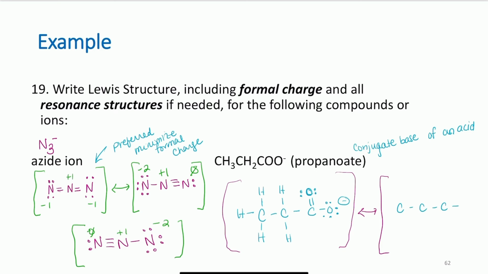Carbon, carbon, carbon, double bonded to an oxygen, single bonded to this oxygen. And then this oxygen would have a -1 charge. The way this actually exists in the real world is that this charge here is delocalized over this area, meaning it's kind of a single and partial double bond character across this whole area.